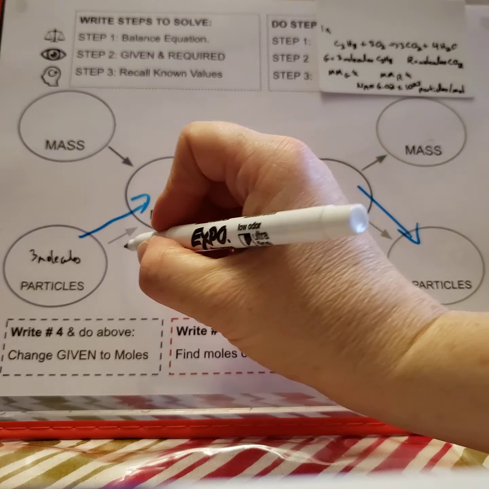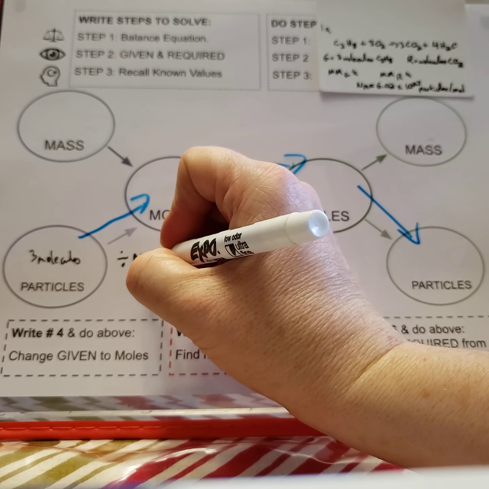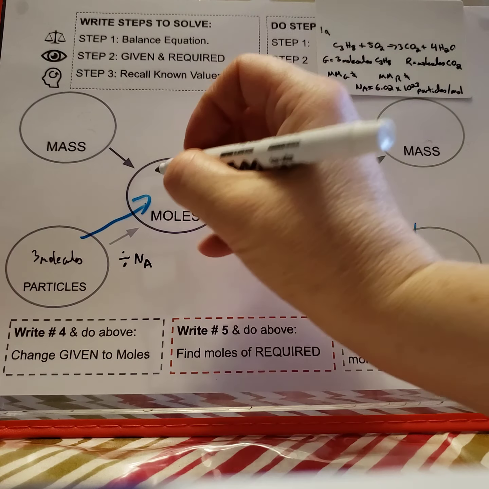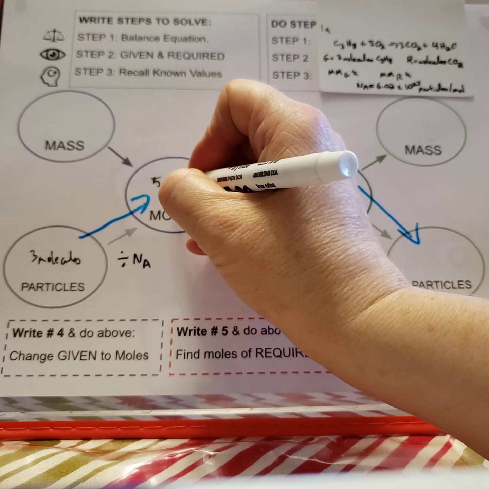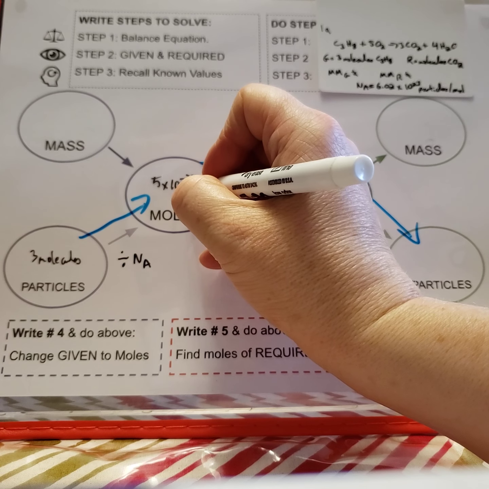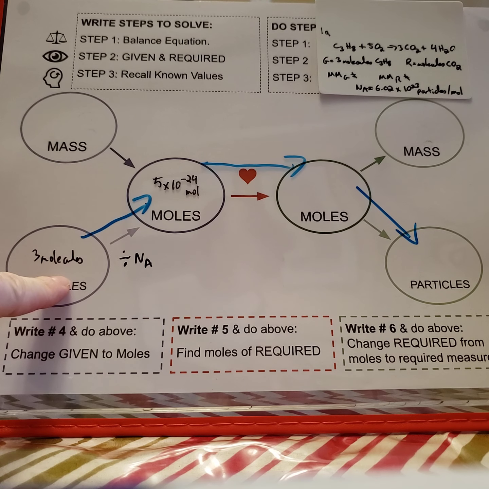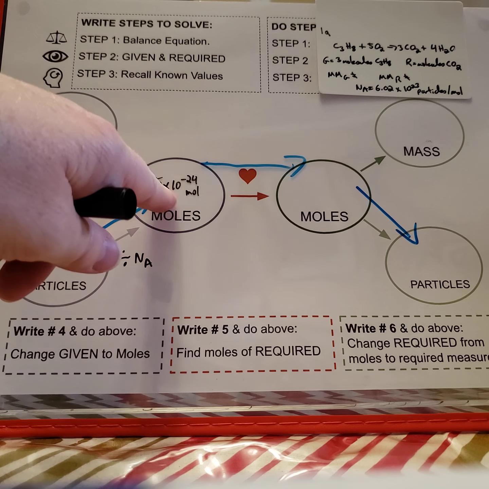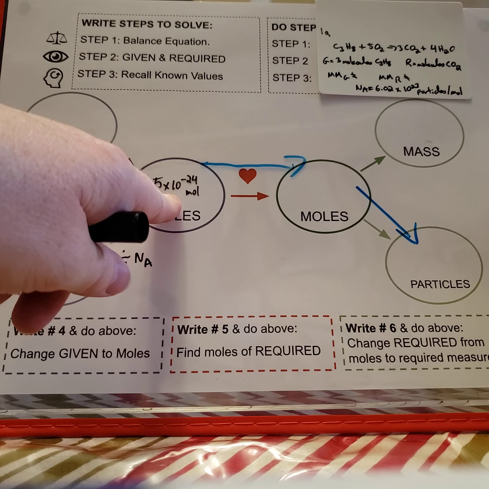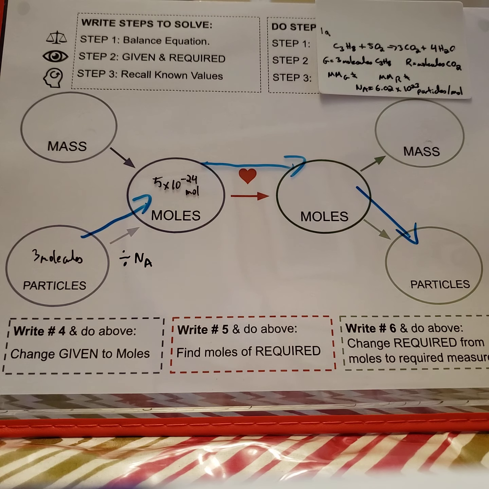I'm not going to write out the whole number, but to get from molecules to moles, divide by Avogadro's number, and we're going to get 5 times 10 to the negative 24 moles. Again, that's not negative moles, but we're only working with 3 molecules. So it is a very, very small part of the mole, being 6.02 times 10 to the 23. Okay, so it's not negative particles. We can't have negative particles.